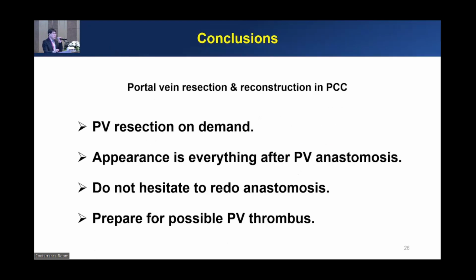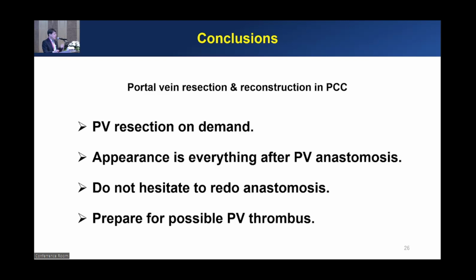And this is another conclusion on portal vein resection and reconstruction in perihilar cholangiocarcinoma. Portal vein resection should be performed on demand, namely, when you see or feel a portal invasion during the surgery. And next, the appearance is everything after portal vein anastomosis.